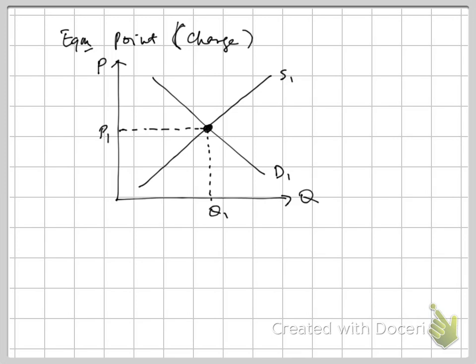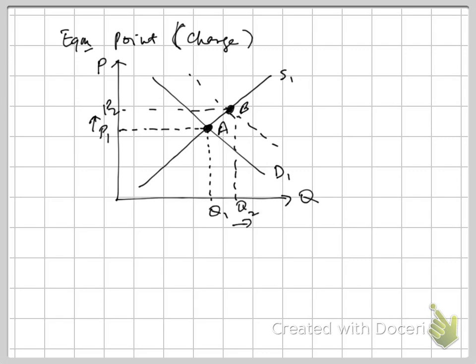Here I'm not going to go into detail, but for example, if demand goes up, the equilibrium point goes from A to B. That's what we observe after everything is said and done. The market settles at point B, and what we will see is a higher price of the good and a higher quantity of the good as well.